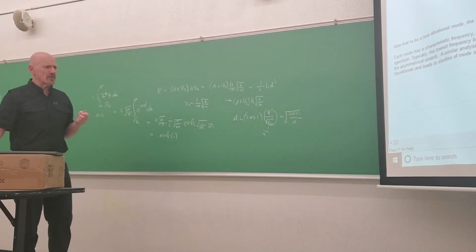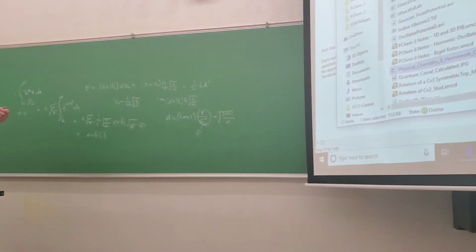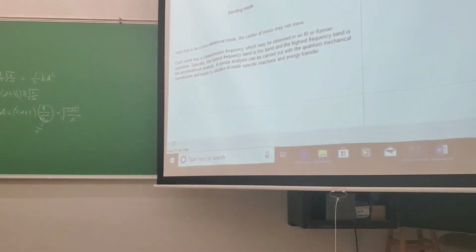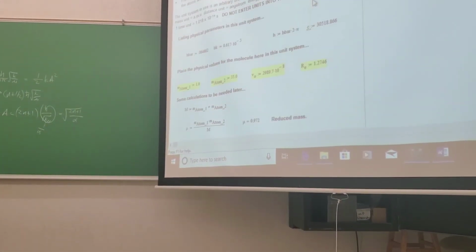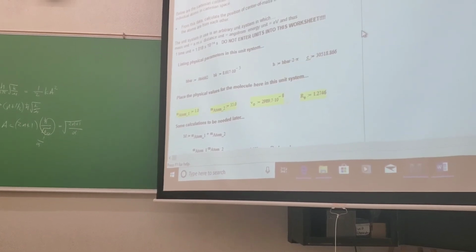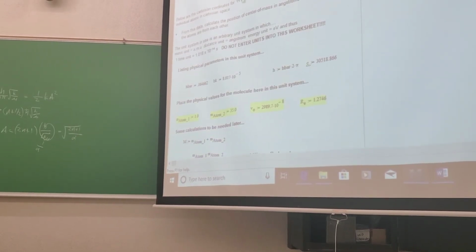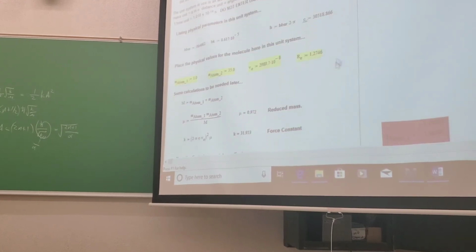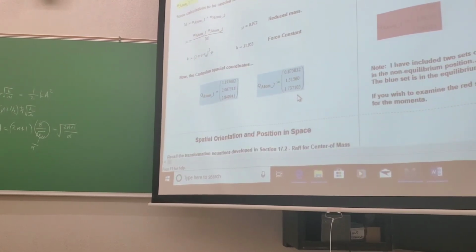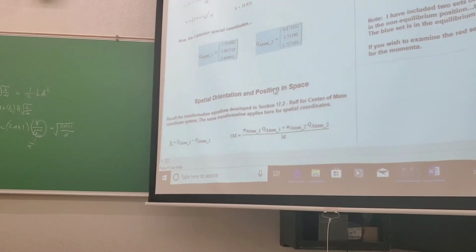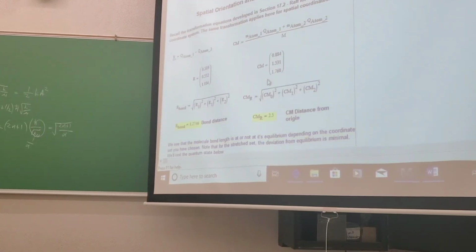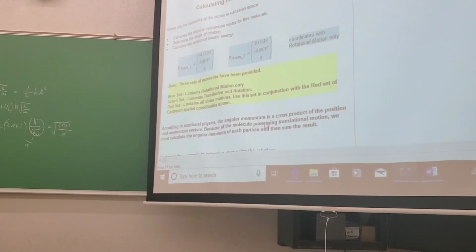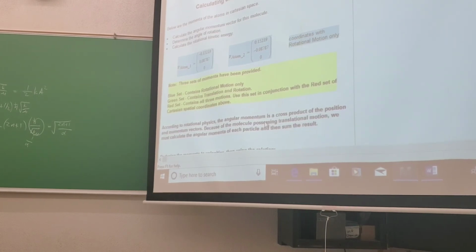I don't know if it's still in your Dropbox, but I had a worksheet that we didn't go through too much, where I did this for the HCl molecule. I presented a set of spatial coordinates and momentum coordinates and was able to break down the position and momentum.